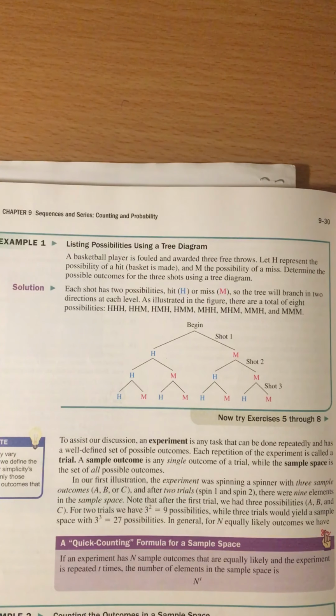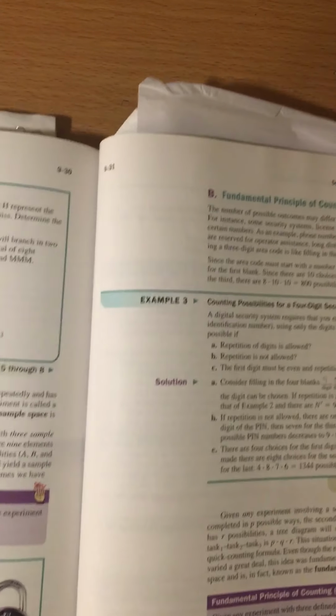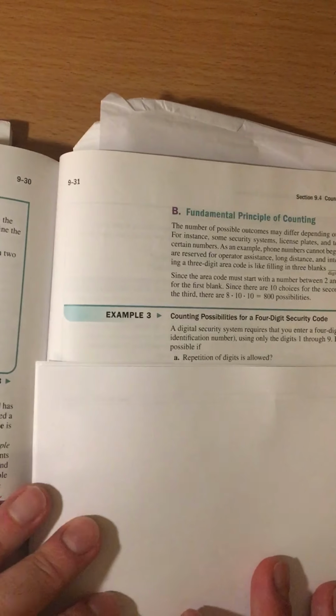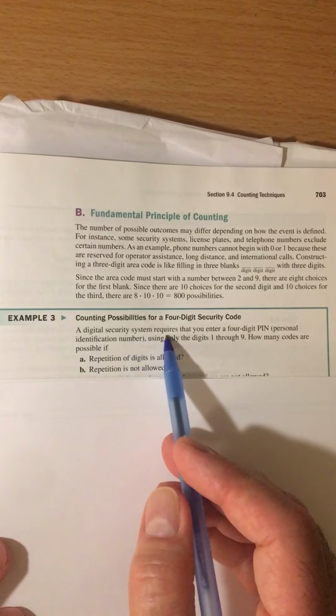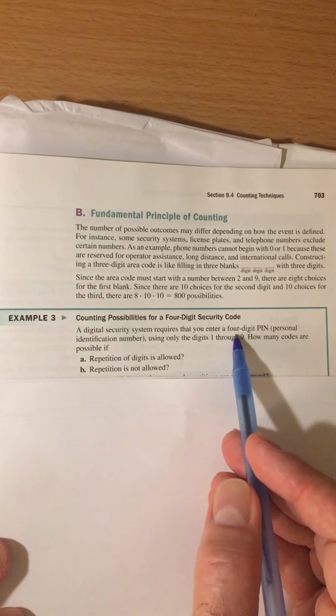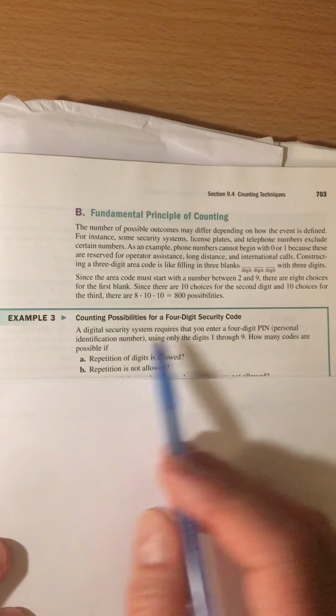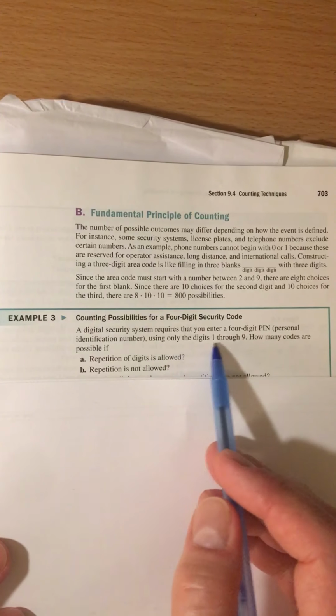So let's look at example number 3 on this page. I'm going to cover the answers here because I already wrote on it. It says a digital security system requires that you enter a 4-digit PIN number using only the digits 1 through 9.